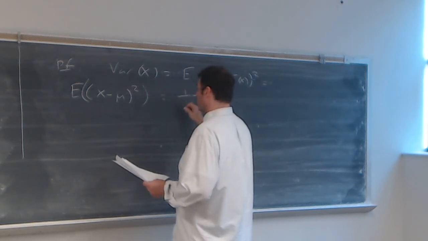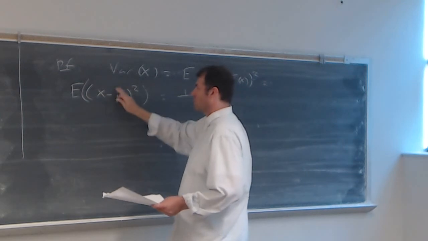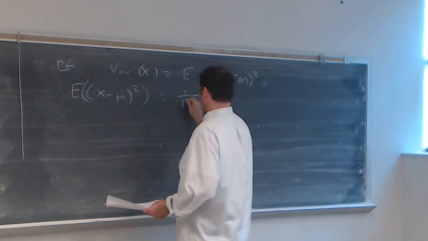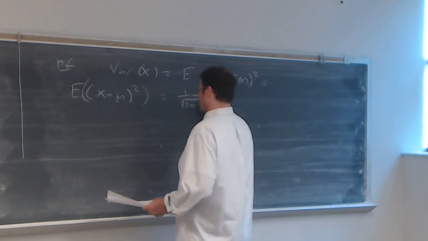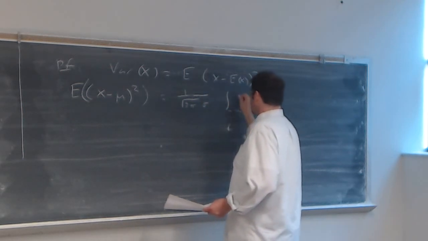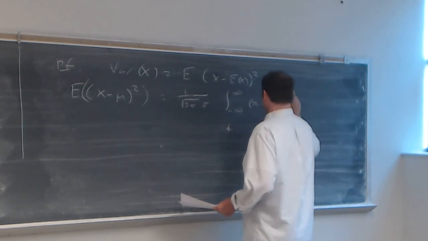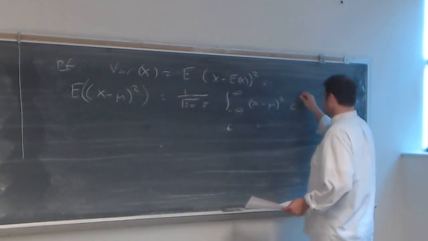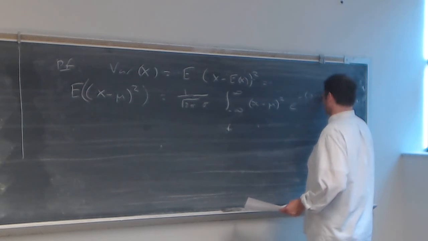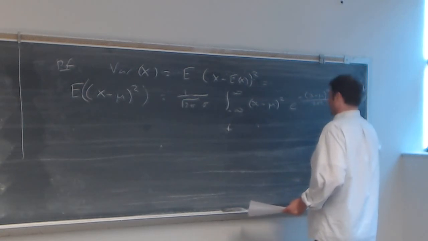as, so I'm thinking of this as the expected value of a function of x. So it's 1 over the square root of 2 pi sigma, the integral from minus infinity to infinity of (x minus mu) squared times e to the minus (x minus mu) squared, all over 2 sigma squared, dx.